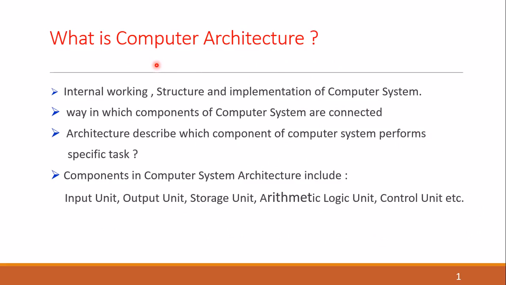Before going into the detail of computer architecture, we should be familiar with the word architecture, especially as used in constructing a building or a house. Keeping the same principle in mind, the word architecture involves the things, devices, or components necessary to make a computer system.